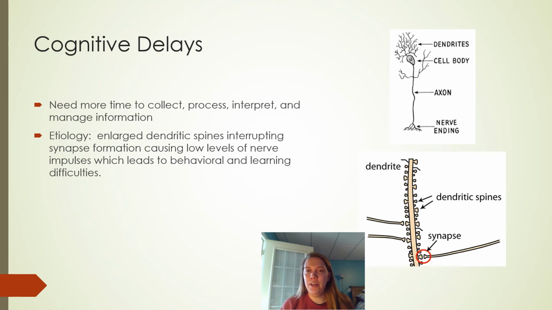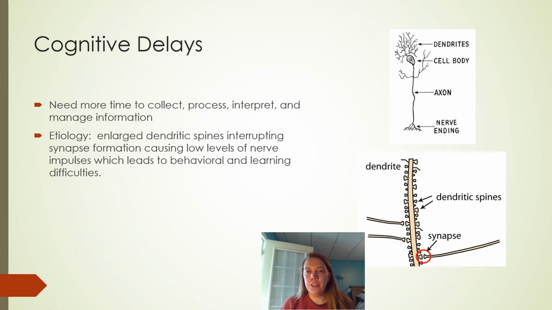Now, to refresh your memory, if you'll look at this top picture here, if y'all don't remember, this is a neuron, and the top of the neuron, the branch-like projections off of the neuron are the dendrites. Now, if you zoom in, like we did on the second picture here, this shows a blown-up picture of a dendrite.